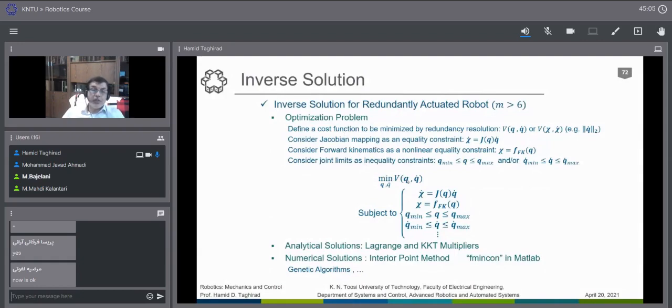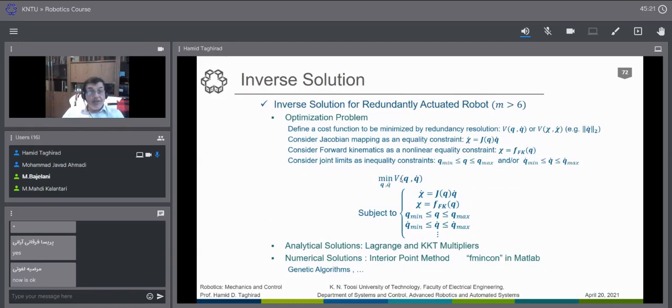For example, if you use the least square optimal solution, the cost function was simply the 2 norm of q dot. But you can have any type of minimization.